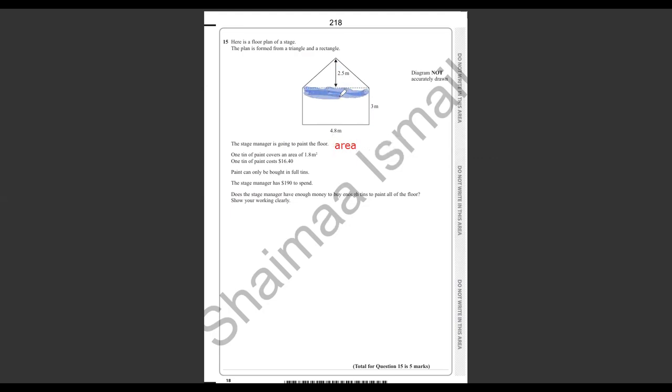They're going to paint the floor like this, the triangle and the rectangle.